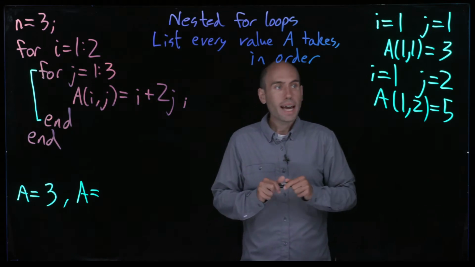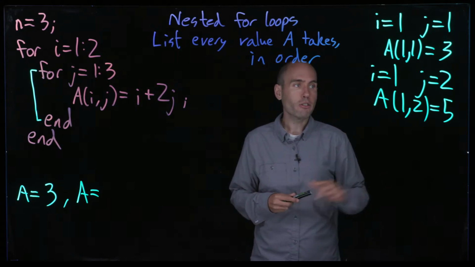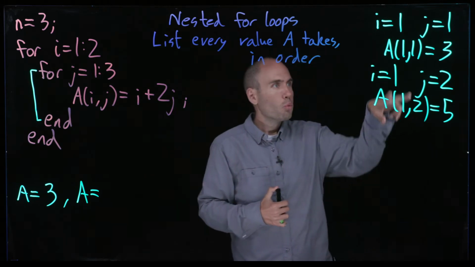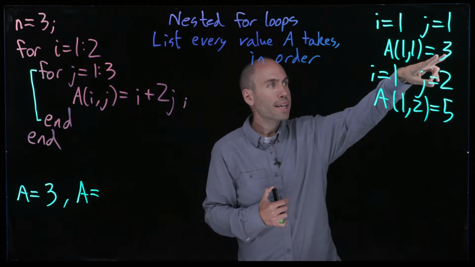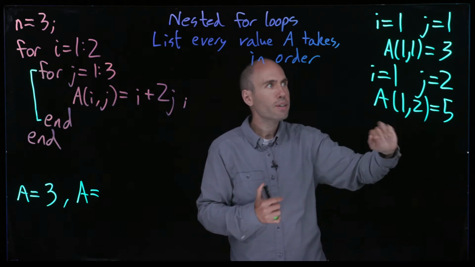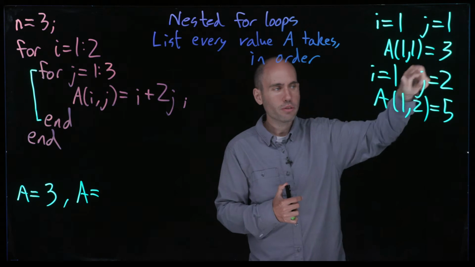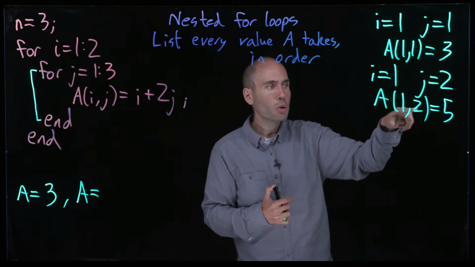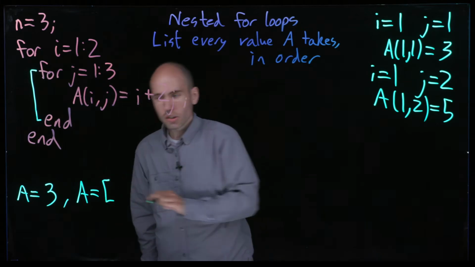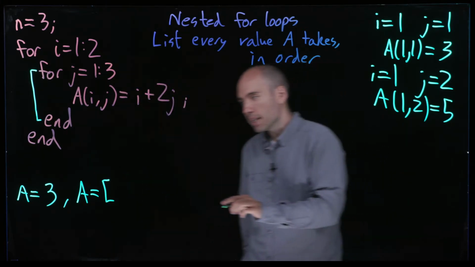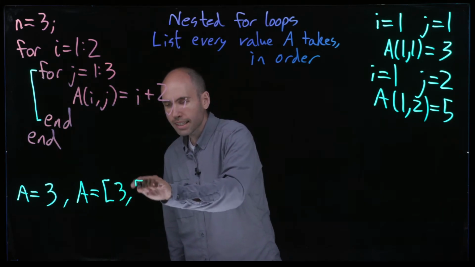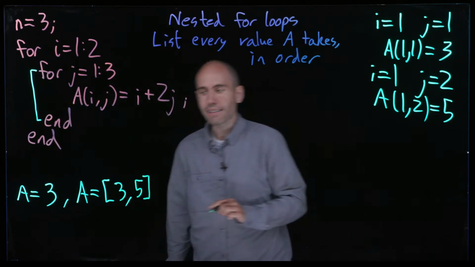If you do that, I can tell that you did the math correctly, but you didn't correctly answer my question, because a is defined as 3, and then when I write a1,2 equals 5, that doesn't delete this old value of 3. It says in the first row, second column, make it equal to 5. So now it definitely has to be a vector or a matrix. First position 3, second position 5.